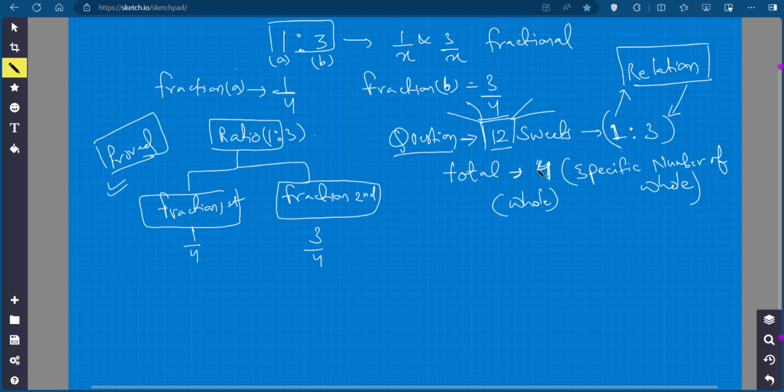All I'm saying is I have 4 blocks. I'll always assume it's a block. That's it. Whether you put laddu, laddu, laddu, and laddu doesn't matter. You can put buildings also. You can put trains, aeroplanes also.